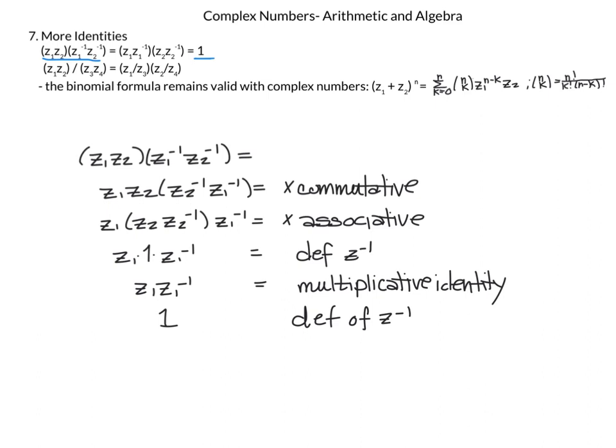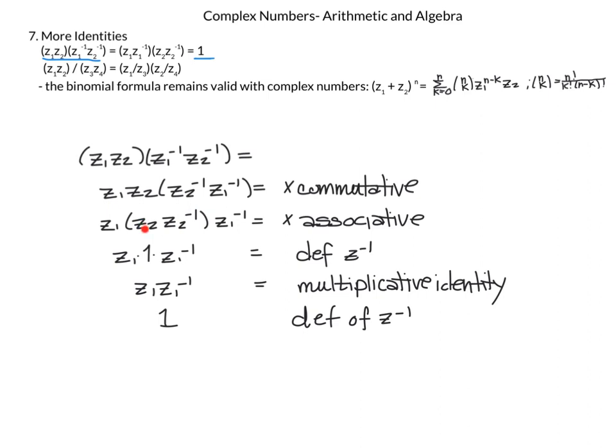So I start with z1 z2 times z1 inverse z2 inverse, which is equal to, well, I can switch the order of these two because I'll tell you the game plan. What I want is to get the z2 next to the inverse, because that will just give me 1. Well, I can switch the order of these two factors because multiplication, that's what this x is, is commutative. And then I can associate these two.